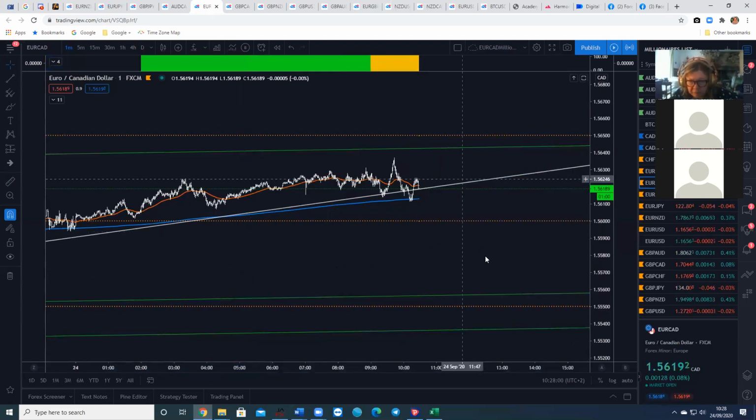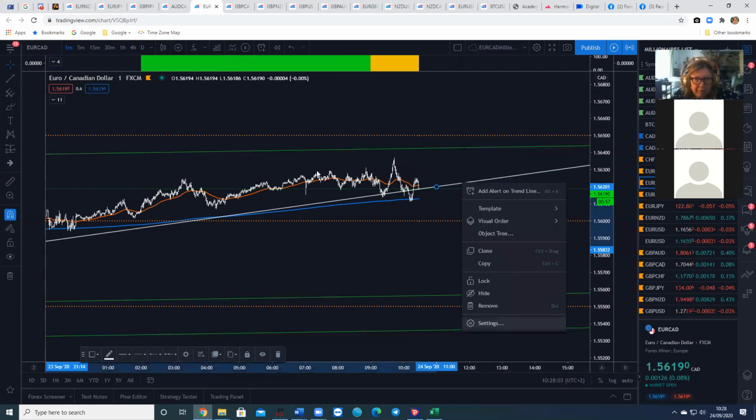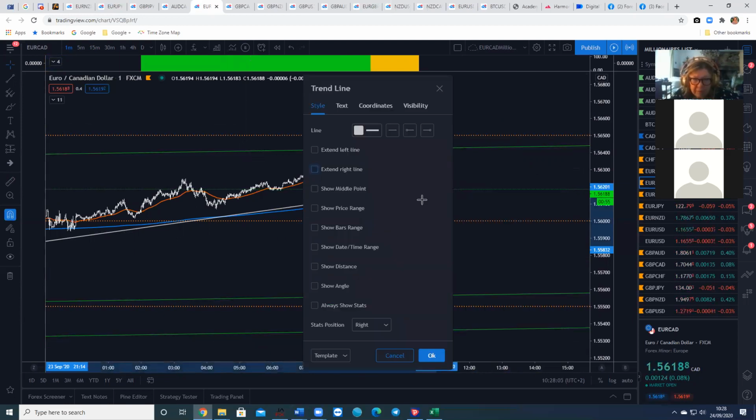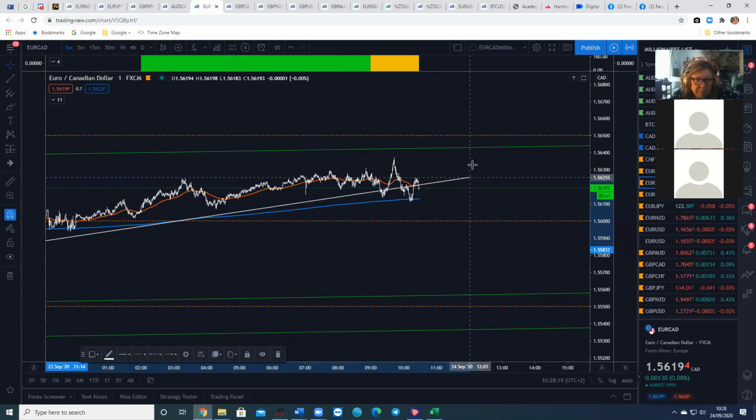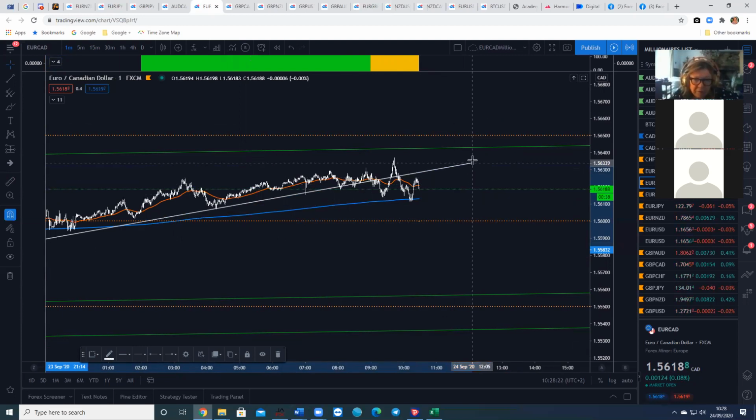Let me just take off that extend right line. So even if I draw it wider, you don't want it on current price because current price is moving. I'm looking at those points there and those points there. So I'm beginning to think that might be turning. I prefer that because I've got far more touches on it.